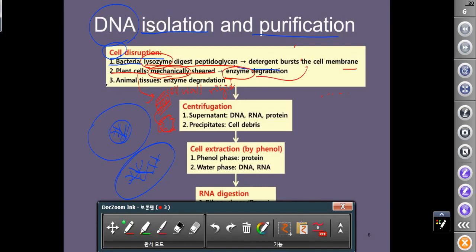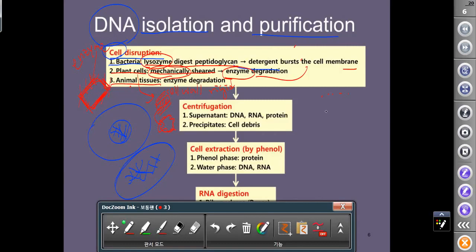And if it's animal tissues that you have, then the animal tissues don't have a cell wall. It has only a cell membrane on the surface. So you just add enzyme to digest and break the cell membrane. Okay?